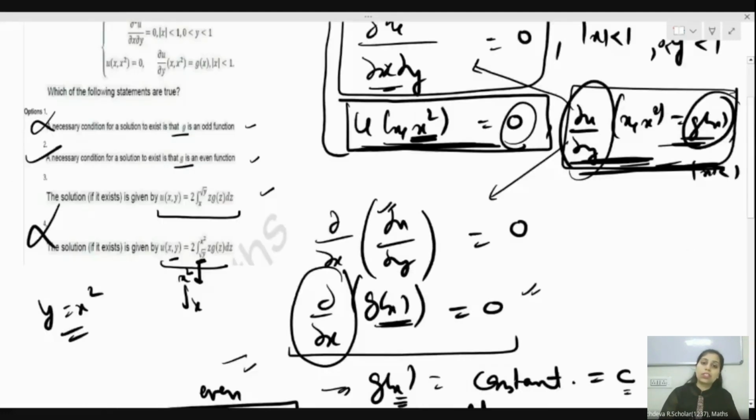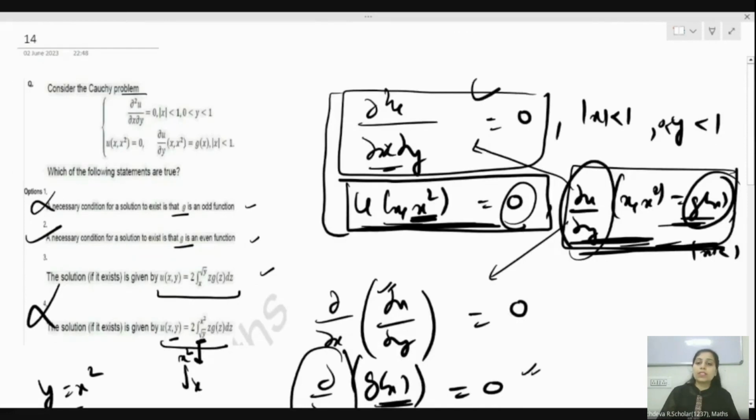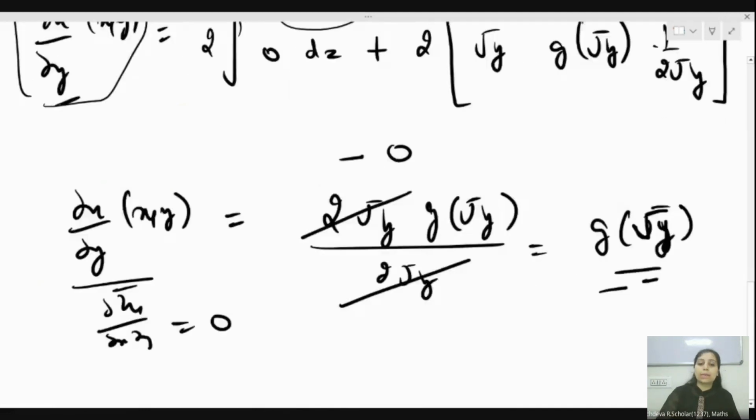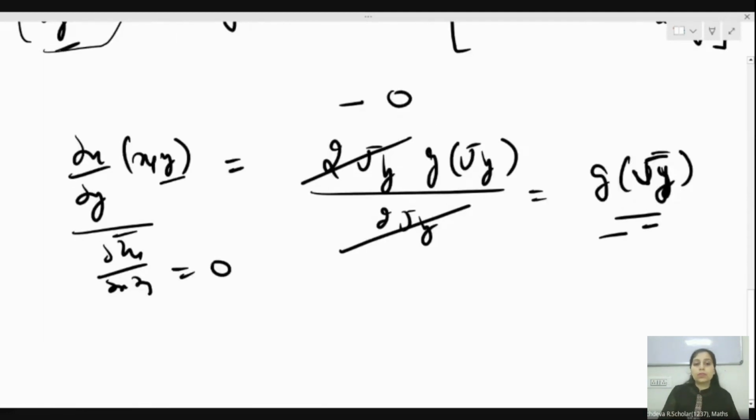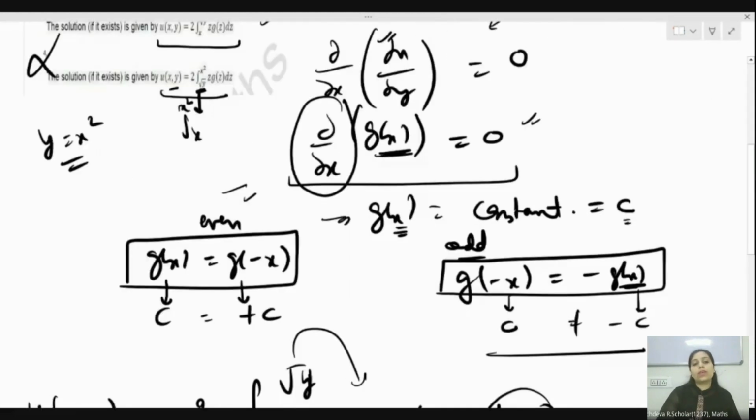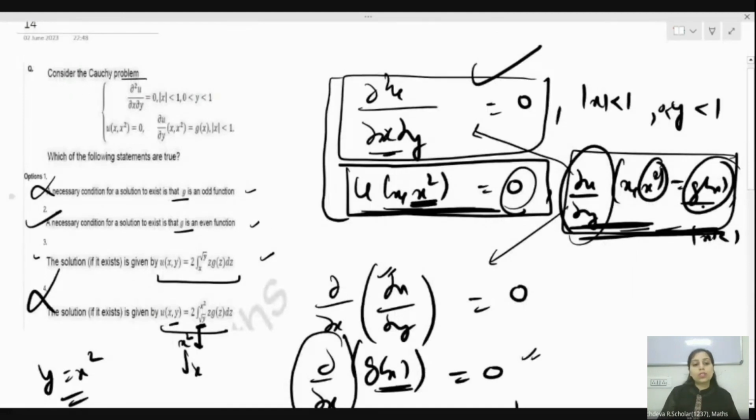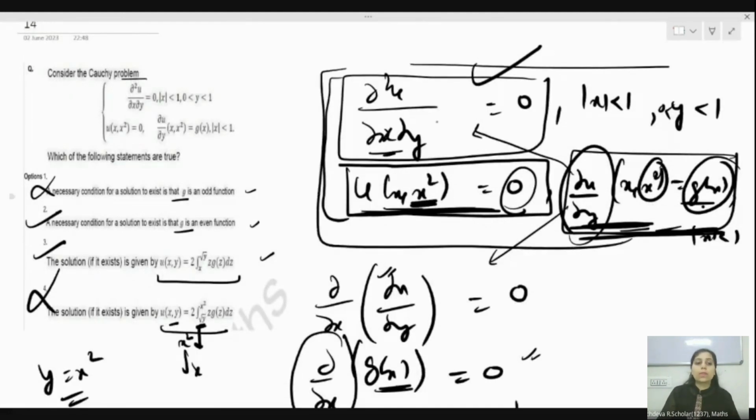So the initial condition, the given equation, is satisfied. Now only one is left, substituting y by x square. When substituting y by x square, root of x square will become g(x). This is also true. So the third solution is satisfying all three equations. So the option number third is also correct. Options second and third, both are correct for this question.